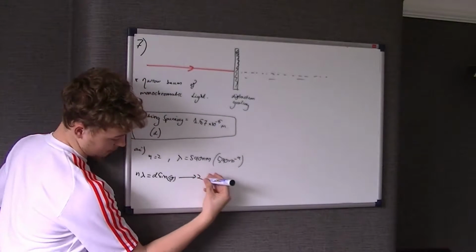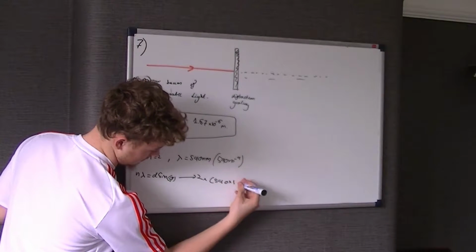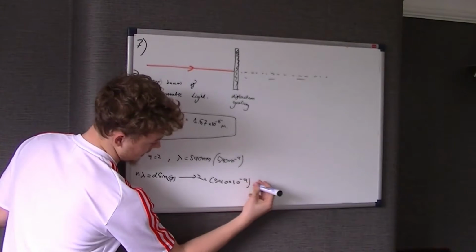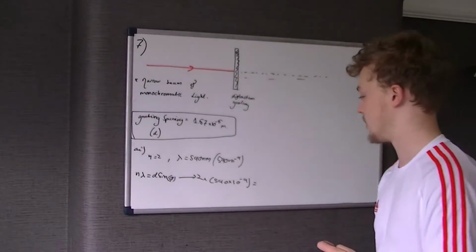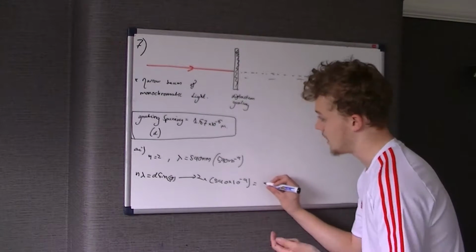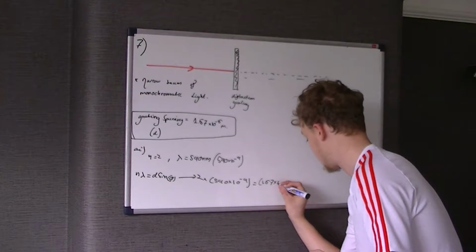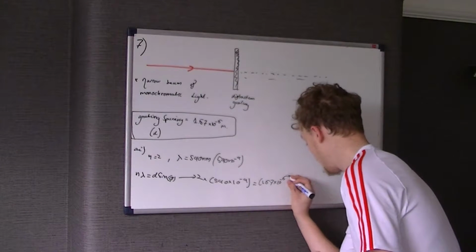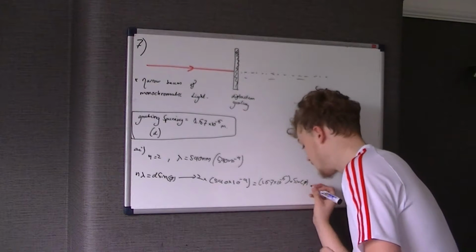And it's just a case of rearranging. So it's 2 times the wavelength, 590 times 10 to the -9, is equal to d, which is the 1.67 times 10 to the -6 metres, times the sine of the angle of diffraction, sine theta.